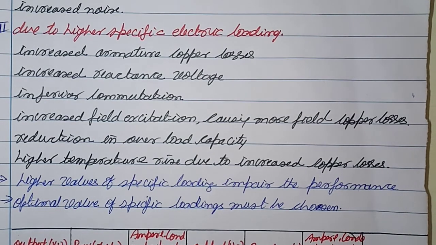So when going through this, first we saw the advantages. With those advantages we thought that we could have very high values for the specific loadings, that is the specific electric loading and specific magnetic loading.